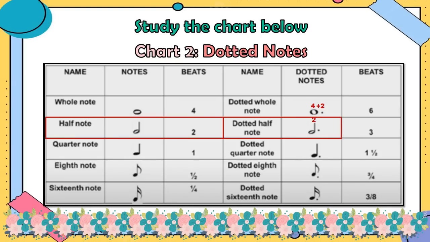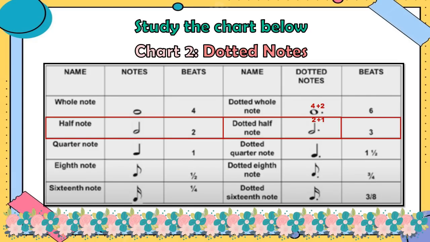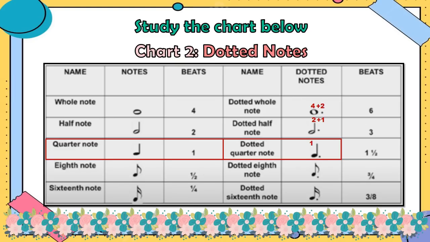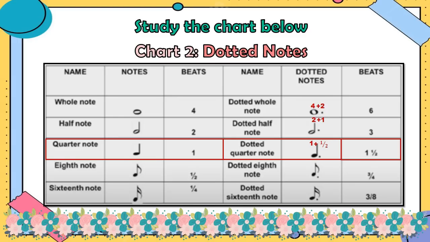We will get half of the value, which is 1. 2 plus 1 equals 3 beats. Quarter note has 1 beat. In dotted quarter note, the value of quarter note is 1. Now we will get half of the value of quarter note, which is 1/2. 1 plus 1/2 equals 1 and 1/2 beats.